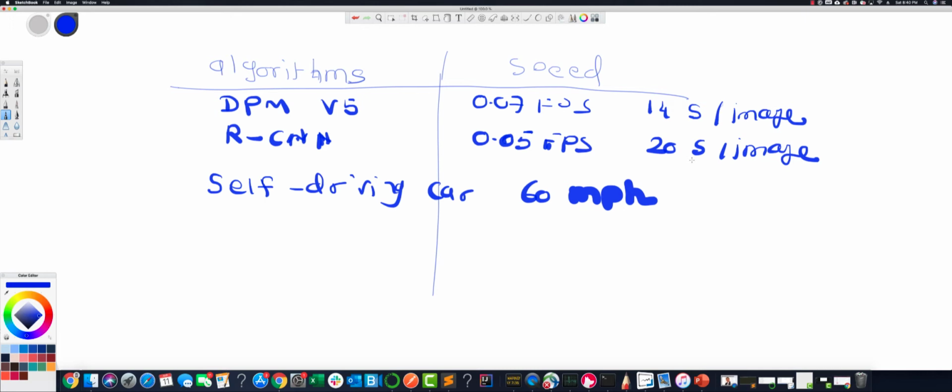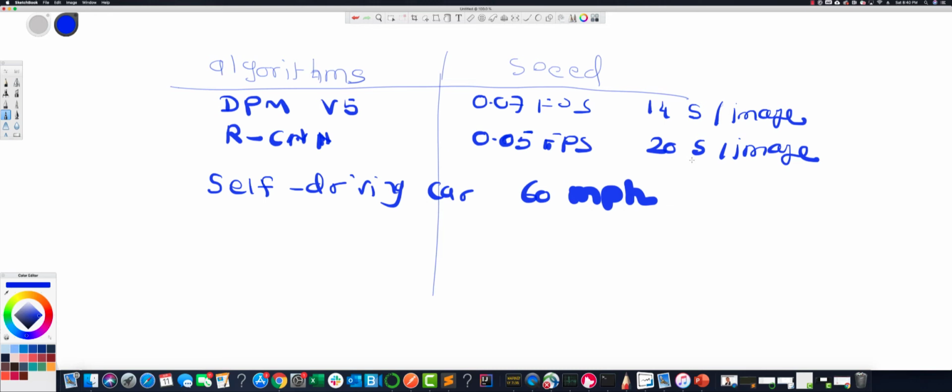Let's say you use the RCNN algorithm in a self-driving car. From the time it sees an object to detecting it, whether it's a human or another car, it takes 20 seconds.